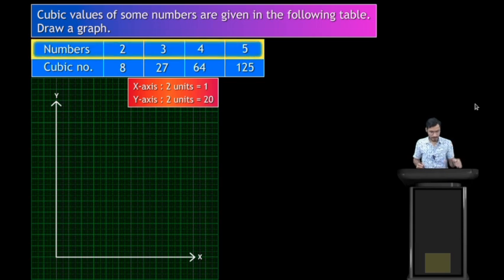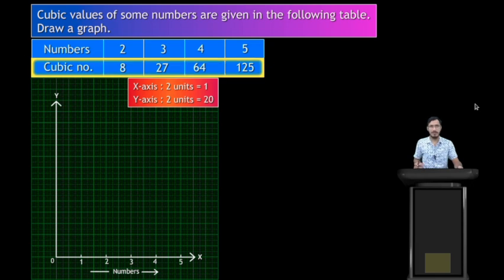Now on the x-axis represent the numbers 1, 2, 3, 4 and 5, and on the y-axis represent cubic numbers like 8, 27, 64 and 125. So cubic number on the y-axis and numbers on the x-axis.